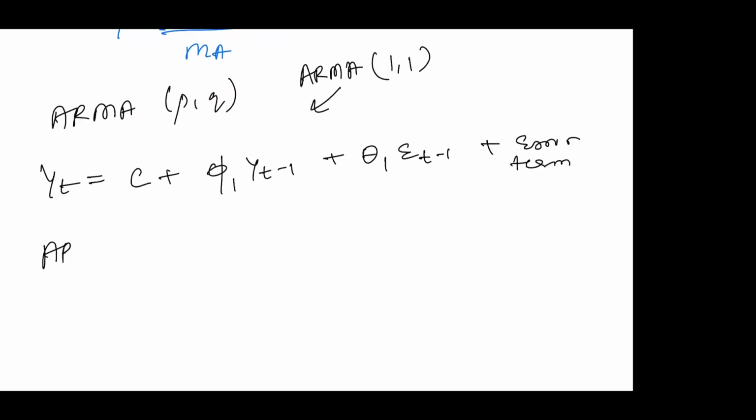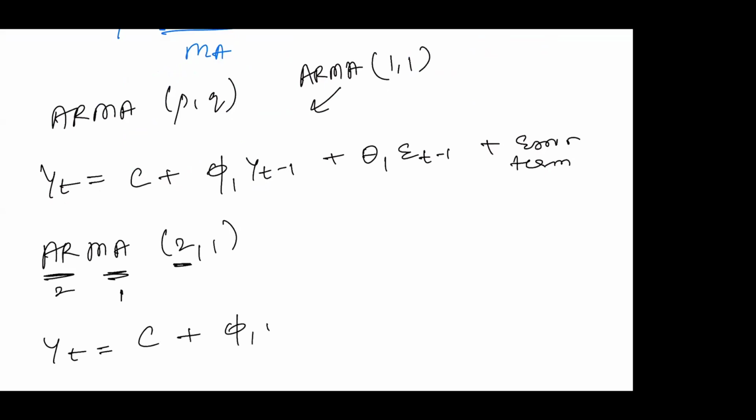Let's see ARMA(2,1), which means two AR components and one MA component: Yt = C + phi1 Yt-1 + phi2 Yt-2 + theta1 Et-1 + some error term.